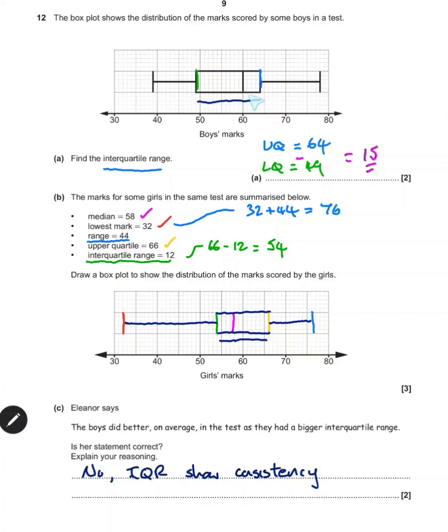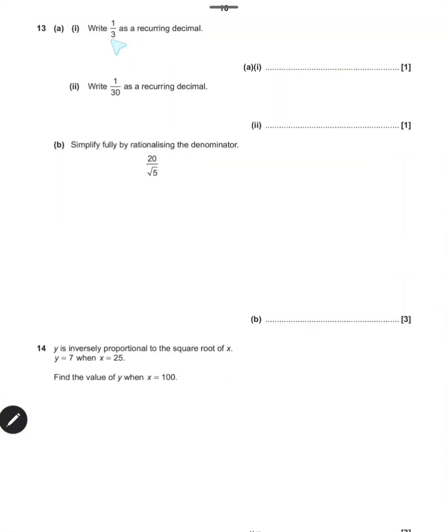So if boys had a bigger interquartile range, they were actually less consistent. If you're going to say who's better, you need to look at the median. Okay, so I'll write that down as well. If my mate Eleanor had said the boys are better because they've got a higher median, then she would be correct.